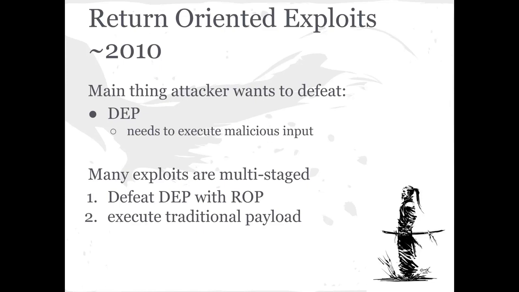The way to get around ASLR with ROP is either brute forcing or a memory leak or info leak. The two terms mem leak or info leak are kind of synonymous, or they're used as synonyms in the hacker culture.